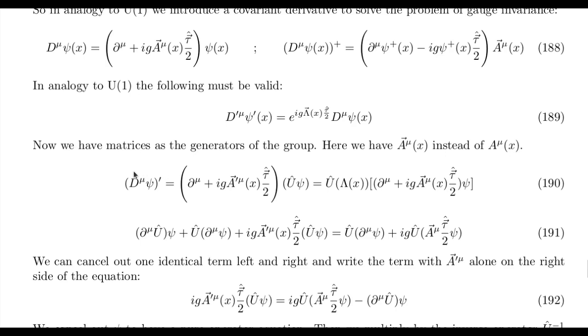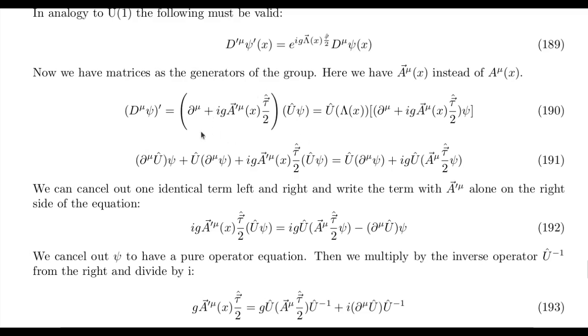We have the transformed covariant derivative, so in the parentheses we have A prime, the transformed gauge field, and the transformed psi, that is, the unitary operator applied to psi. On the other side, we have the unitary operator and then the covariant derivative, in the parentheses, applied to psi.